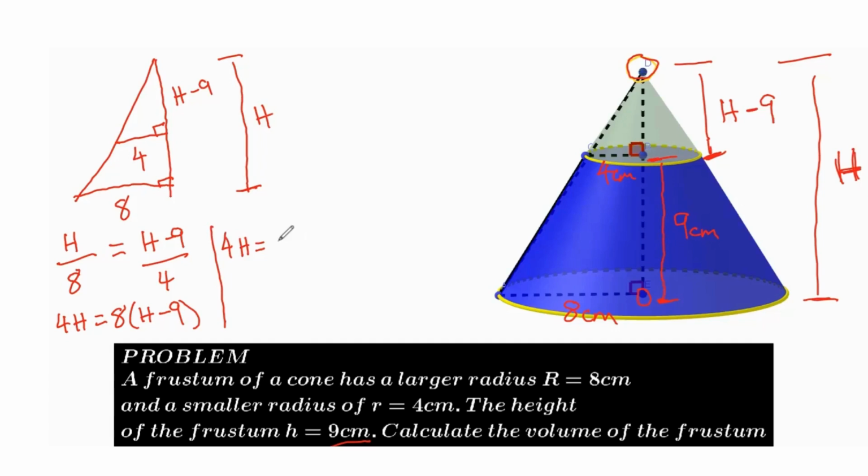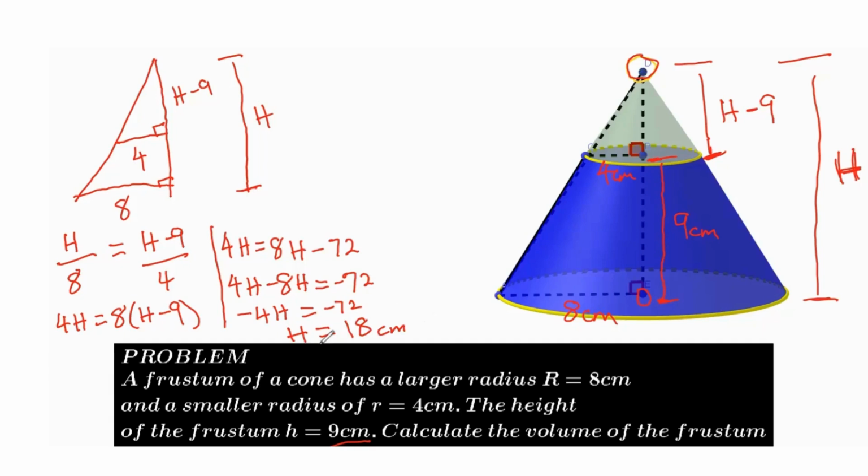That gives us 8h minus 8 times 9 is 72. Okay, so here we have 4h minus 8h equals minus 72. This is minus 4h equals minus 72. And this will give us h to be minus 72 over minus 4, which is 18 centimeters.